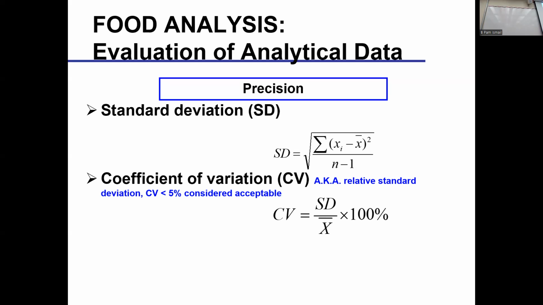Sometimes if it's 25, 30, 40%, something is really off, and I would ask you either to eliminate the replication or perhaps to redo your analysis. If you don't have precise data, you can't really trust the data. So the precision is often evaluated by coefficient of variation more so than standard deviation.